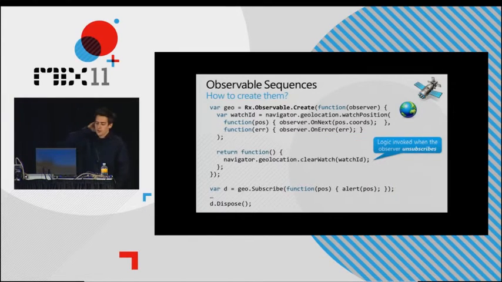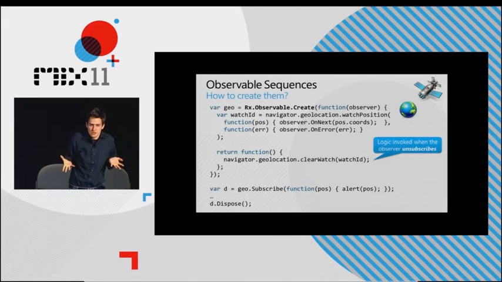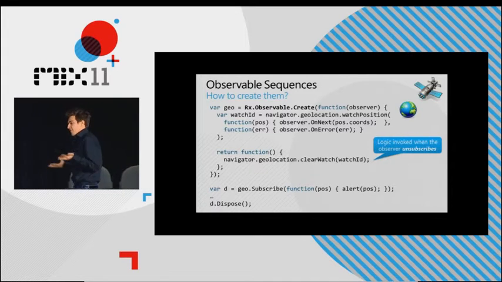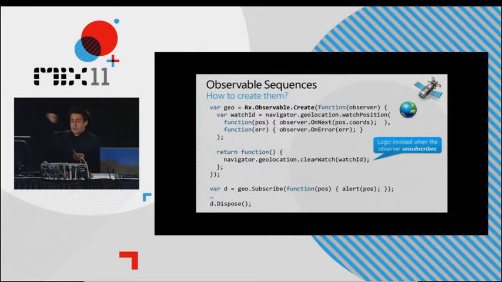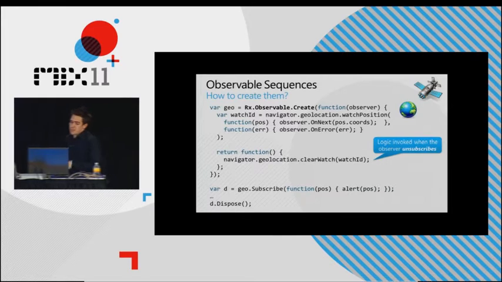You also need to return a way to unsubscribe. You return a function that gets called when the user says dispose on the observable sequence registration. And that needs to make sure that the handlers, the observer onNext, observer onError, cannot happen anymore. The way to do that with the geolocation API is as follows. You say, I want to clear the watch.